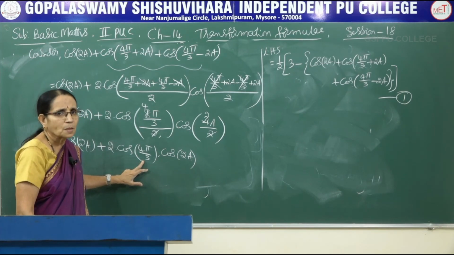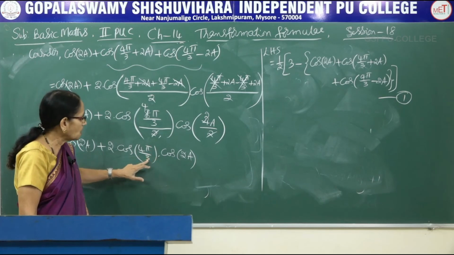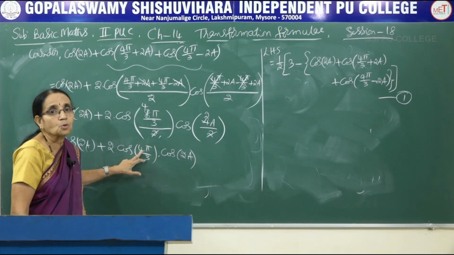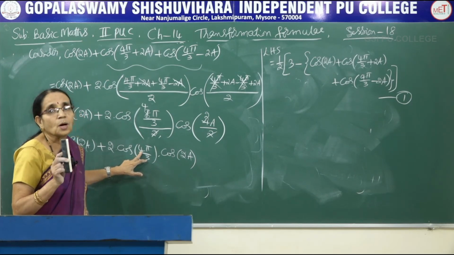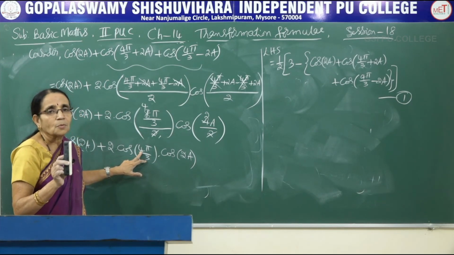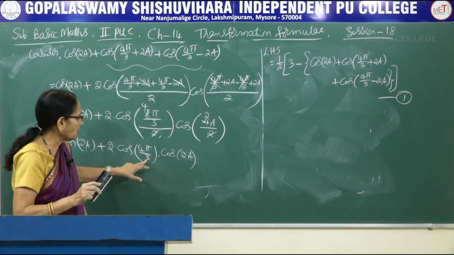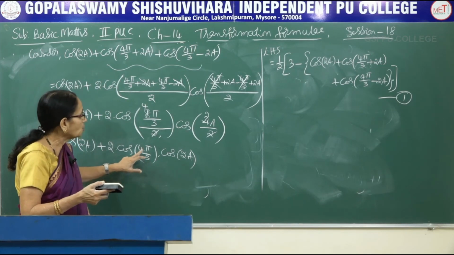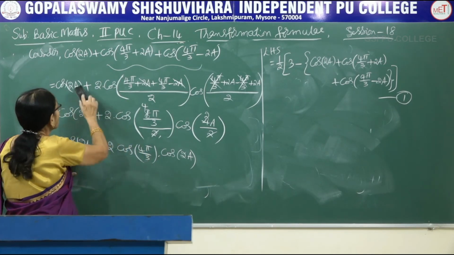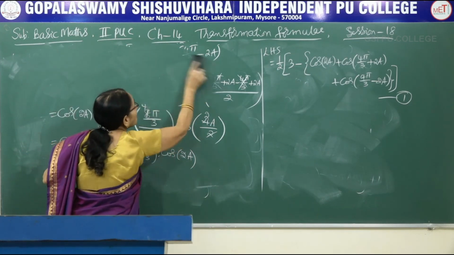What do you mean by 4 pi by 3? See, pi means 180 degrees. So when you divide by 3, you get 60, into 4, 240. So in degrees it is 240 degrees. Which quadrant does it come in? Third quadrant. Now if 4 pi by 3 is given in degrees, you may find it easier. So 4 pi by 3 should be written using the allied angle rule, and you can write the exact value.